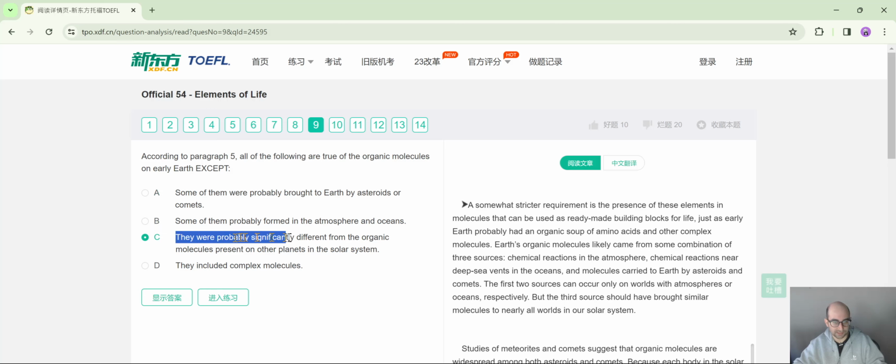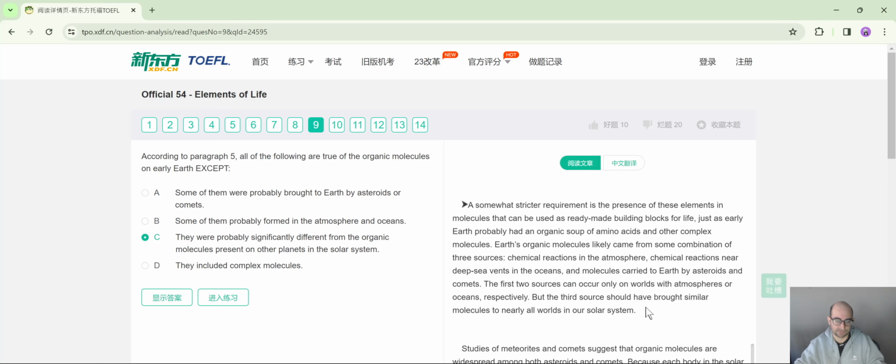Choice C, they were probably significantly different. Be careful of extreme language, probably significantly different. When you see these kinds of crazy adverbs, they might make a false assumption. A lot of the time they're wrong, not always, but double check it. "From organic molecules present on other planets in the solar system." Well, I already read this. I didn't end up reading anything about their differences anywhere.